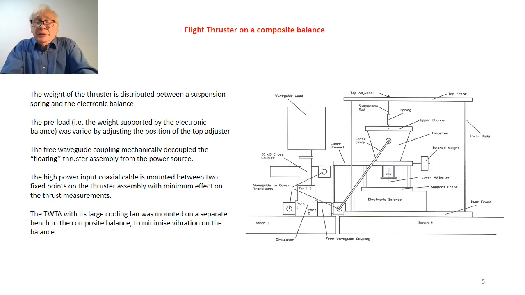Now, the other point that you must bear in mind is that as soon as you put power into the cavity, it's going to start to expand. Therefore, the length between the two suspension points, if you like, the spring and the electronic balance, will actually start to increase. And we'll see how this is used in the mathematical model that we'll look at in a minute.